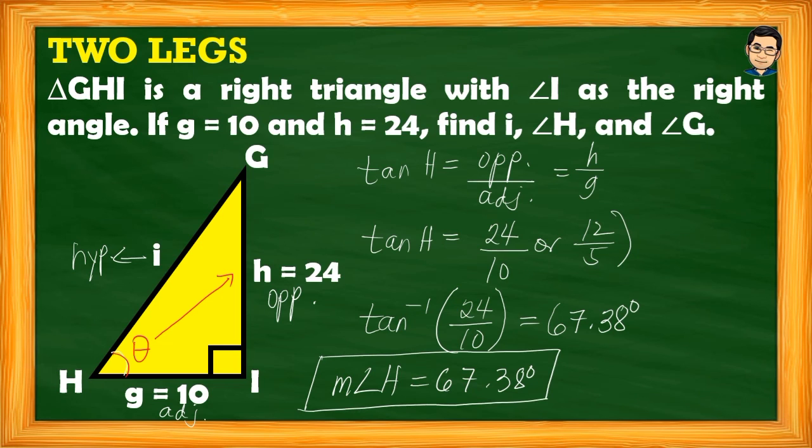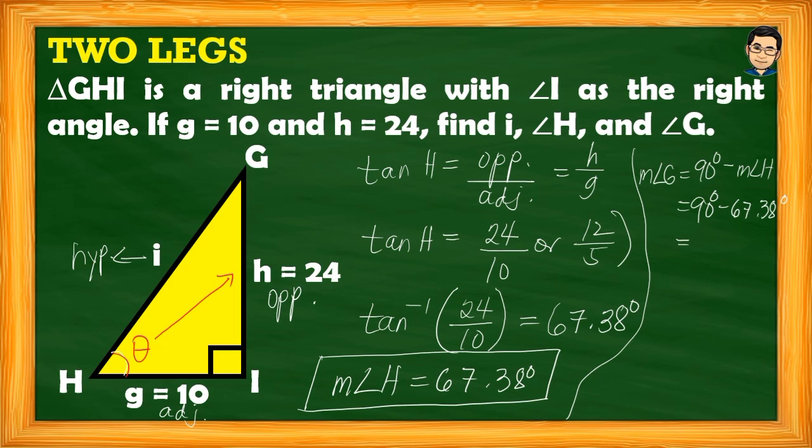And then, how are we going to find the measure of angle G? So, subtract lang po natin yung 67.38 degrees sa 90. So, magiging ganito siya. Sulat ko na lang dito para mabilis. So, to find angle G, 90 degrees minus the measure of angle H. So, 90 degrees minus 67.38 degrees.